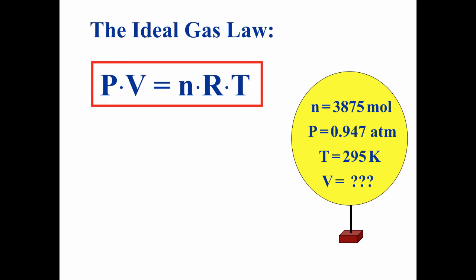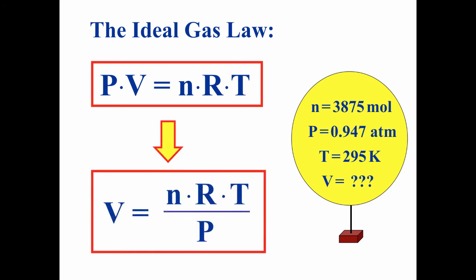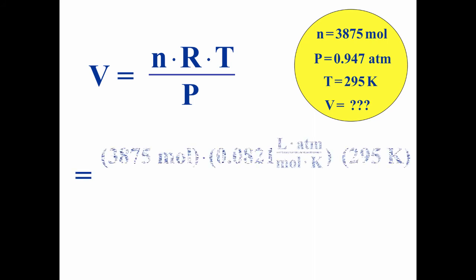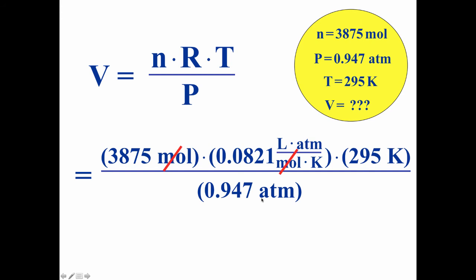We know P, we know n, we know T, and R is a constant, so of course we know that. That means the only thing we need and don't know is V. So V is equal to nRT over P. And if we plug into our equation our numbers, we have 3875 moles times 0.0821 liter atmospheres per mole Kelvin times 295 Kelvin divided by 0.947 atmospheres.